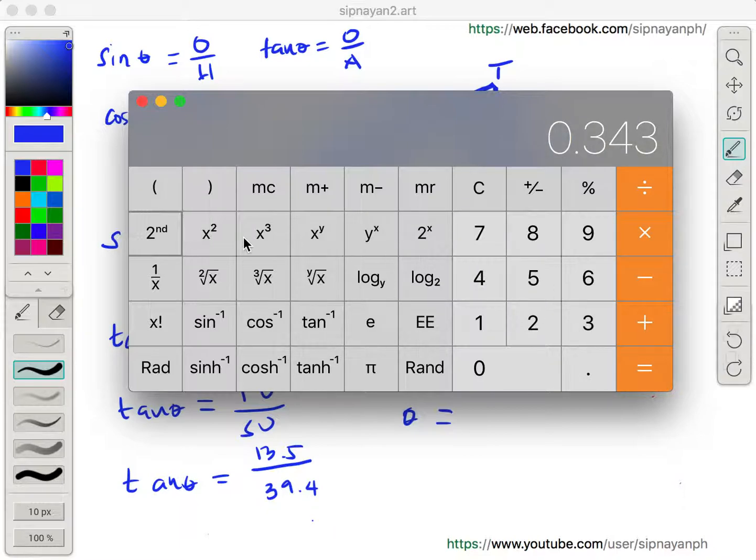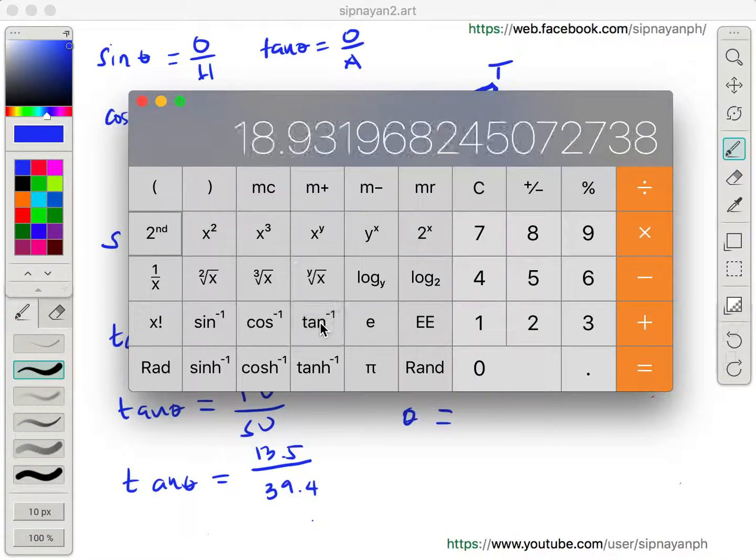Meron tayong button sa calculator, yung second function. At makikita nyo, pag pinress nyo yan, magkakaroon siya ng sine, cosine, tsaka tangent na may exponent na -1. Yan yung inverse of the trigonometric ratios. So, inverse of tangent, we have to get the inverse tangent of 0.343. So, click lang natin yan. Yan yung ating sagot, 18.93.